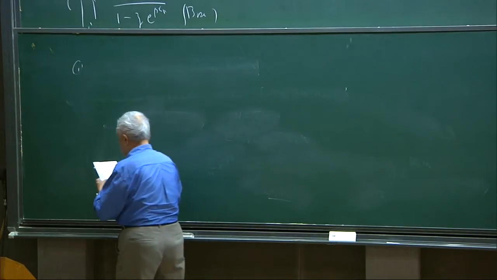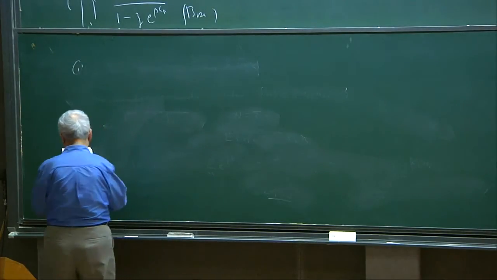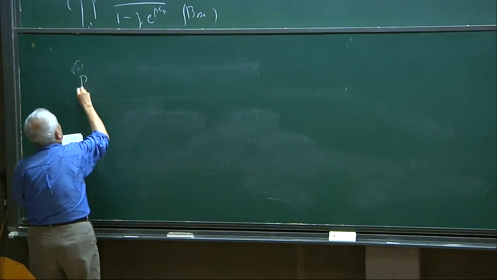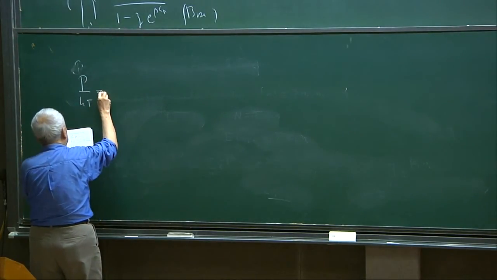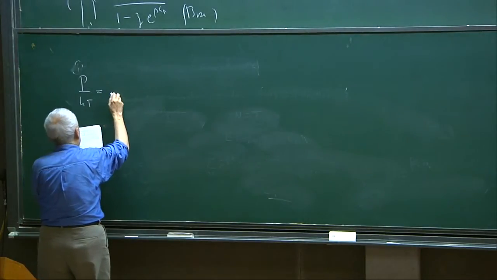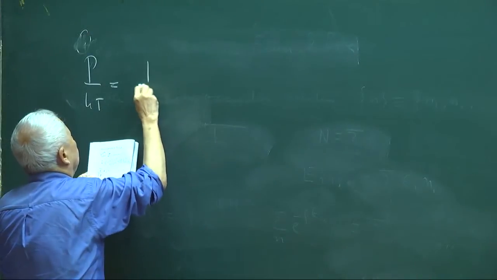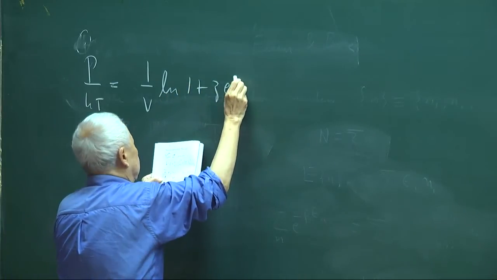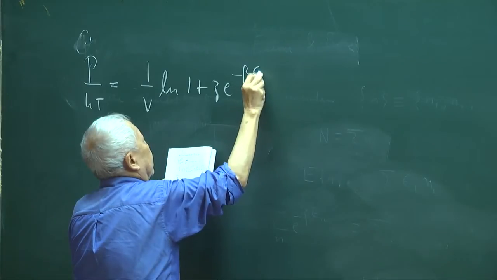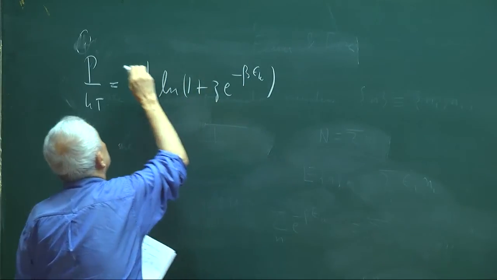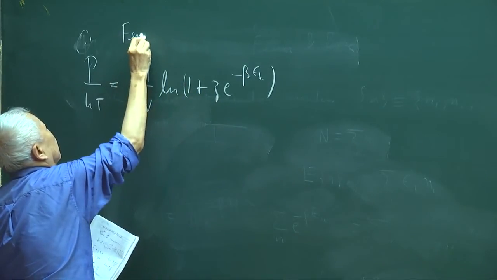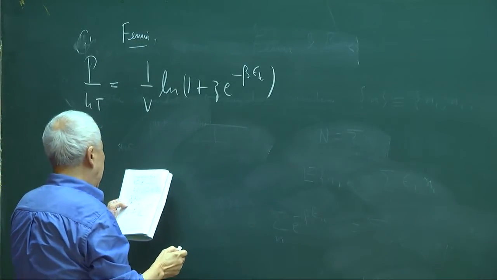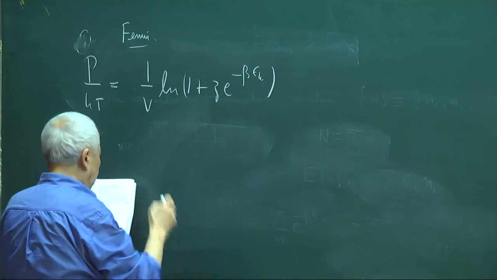Let us give an example. For example, P over KT is equal to 1 over V times the sum over k of log of 1 plus z e to the minus beta epsilon_k. This is the Fermi case.